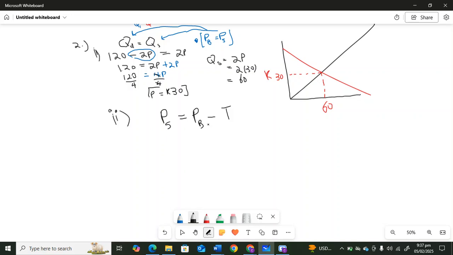What the supplier is receiving is what the buyers pay, then they deduct tax, which goes to government. The tax in this case is 10 kwacha. So PS equals PB minus 10. What the sellers are receiving is what the buyers pay minus a 10 kwacha tax. Colleagues, are we okay with this first part here?